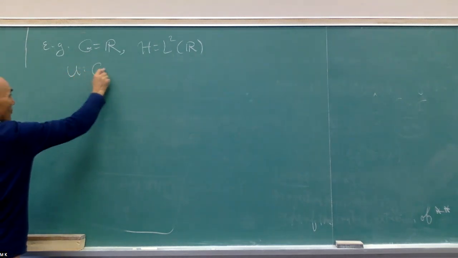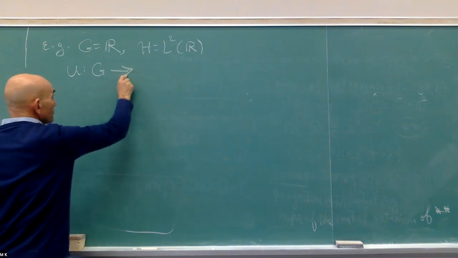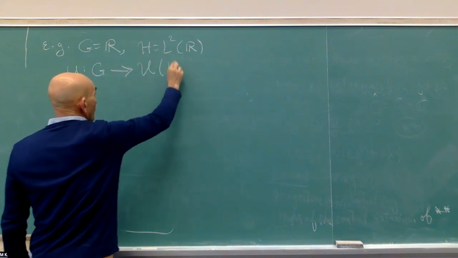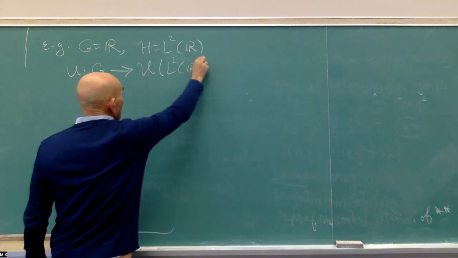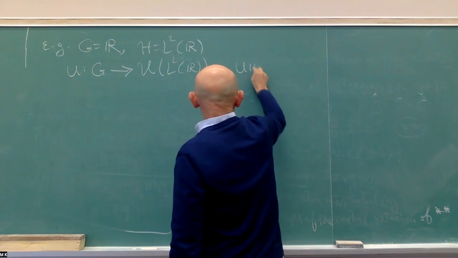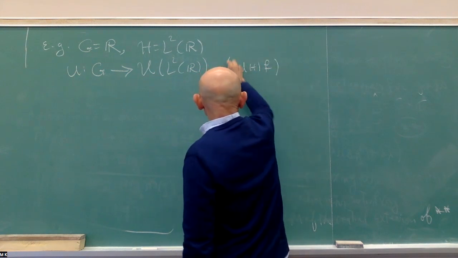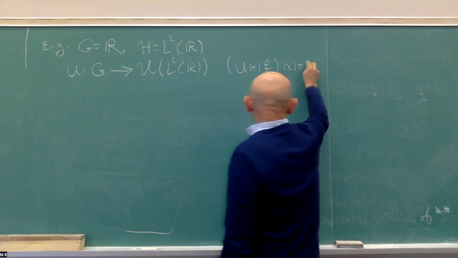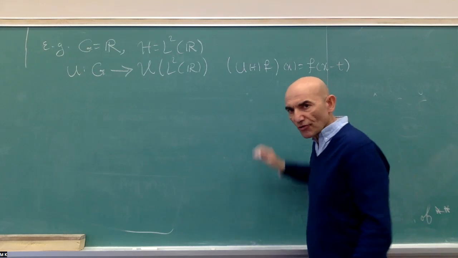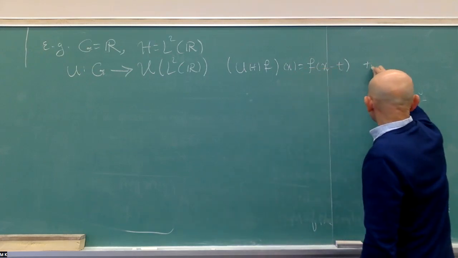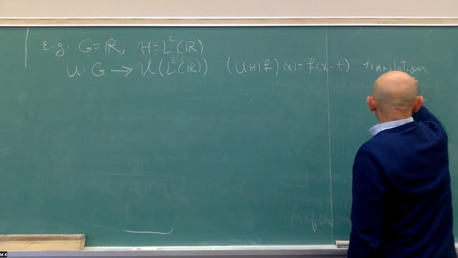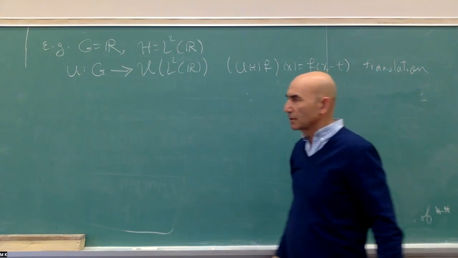U from G to unitary operators on L2 of R. So U of P acting on F at X, which is translation. This is just a translation. Obviously, this is a unitary transformation.